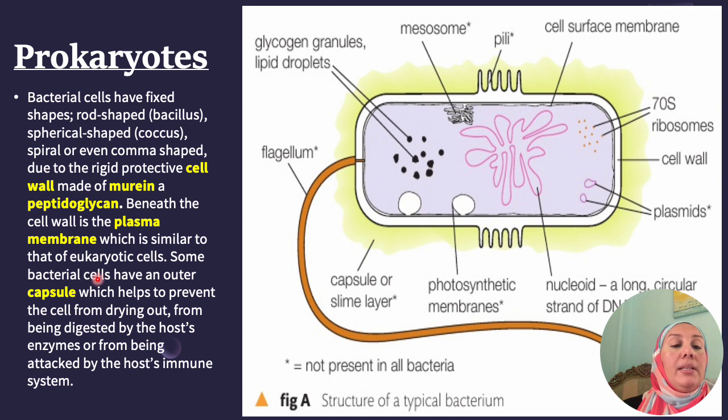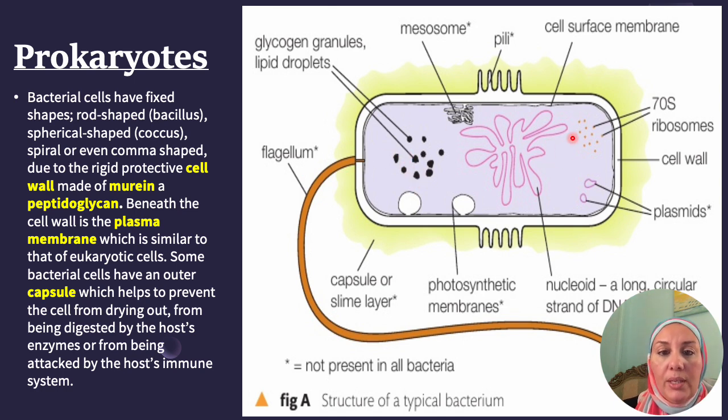Some bacterial cells have, let's just wait a bit, because I would like to start by discussing the parts of the bacteria that are found in all bacterial cells. A typical bacterial cell will have the circular DNA, will have cytoplasm, will have cell membrane, and will have a cell wall. And of course, ribosomes.